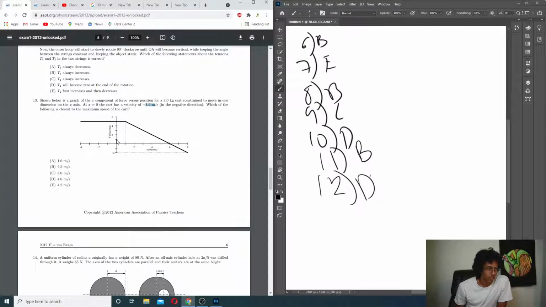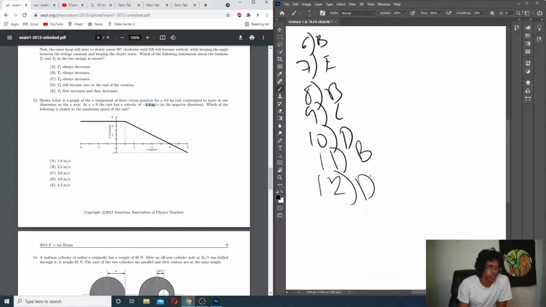The area is like how much work is done on it, and the work is kinetic energy, right? So essentially this area over here does not cancel out this area. So either the max speed is here or the max speed is negative 3, but I'm pretty sure it won't be negative 3. So essentially we get to positive 3 on the way back, because it has a constant acceleration.